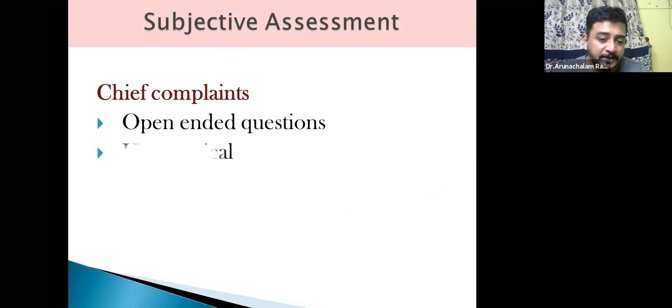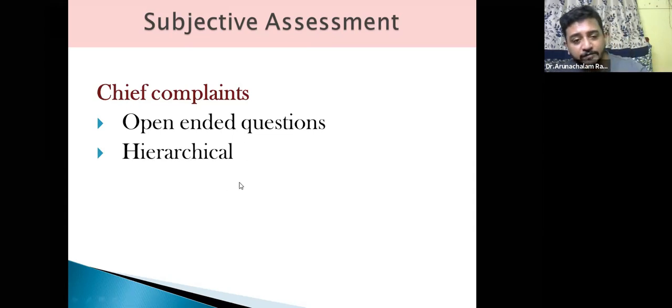Okay. So next is, documentation of the chief complaint should be in a hierarchical manner. If a patient says, sir, my problem is I am not able to lift my hand up to reach out to objects, that should be our first problem. Then the patient will say, I have pain when I am lifting up. Okay, so then pain becomes second. And then you ask, do you have any other complaints?